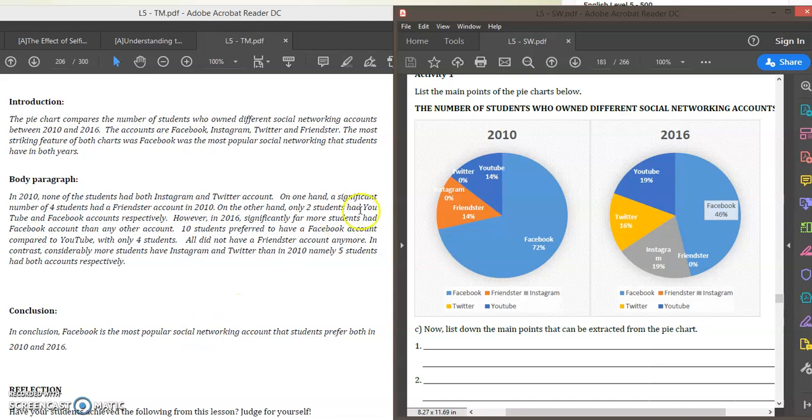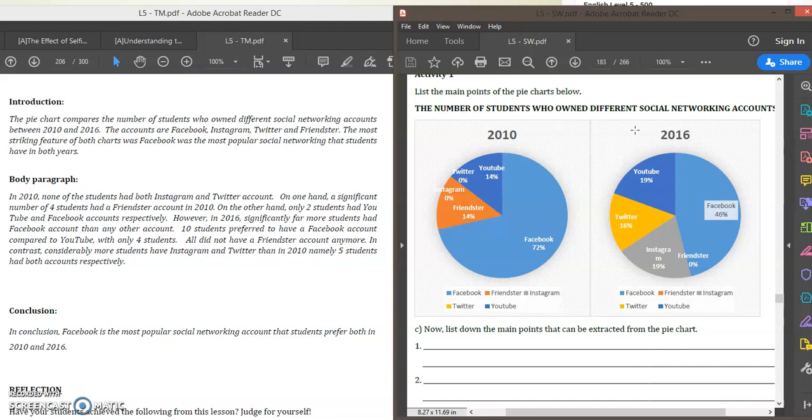So, now this lesson would be about how the pie chart analysis for task 1 would look like. On our right here is the pie chart that we did for our previous exercise.